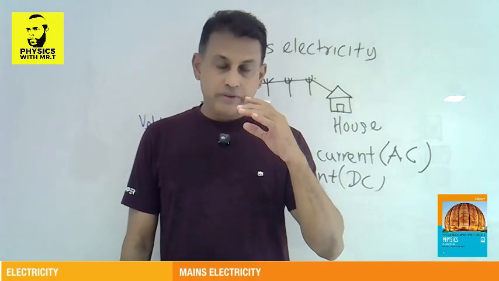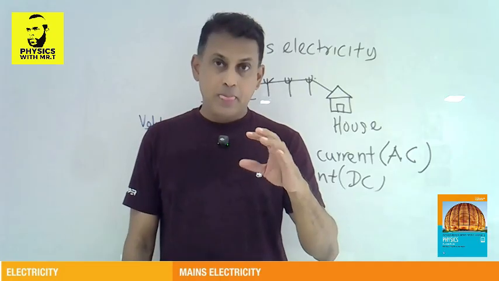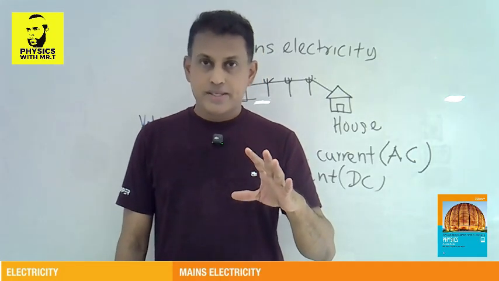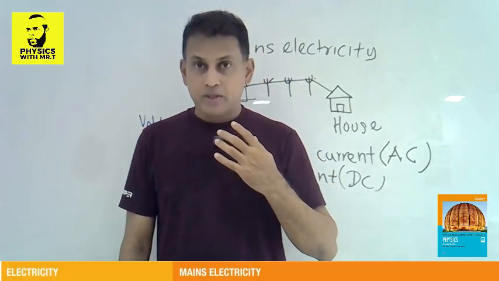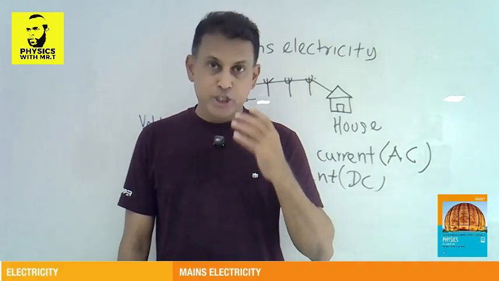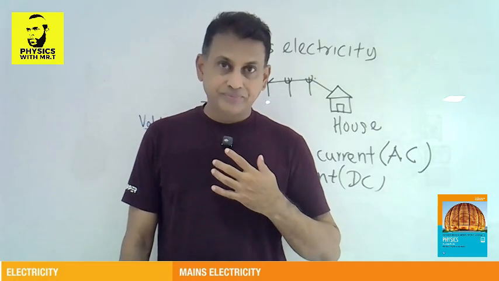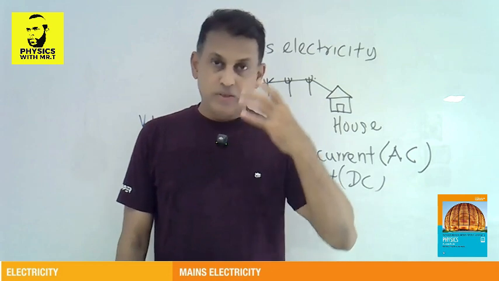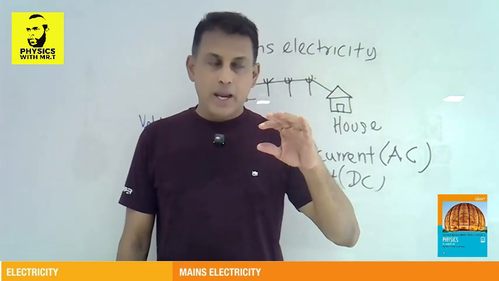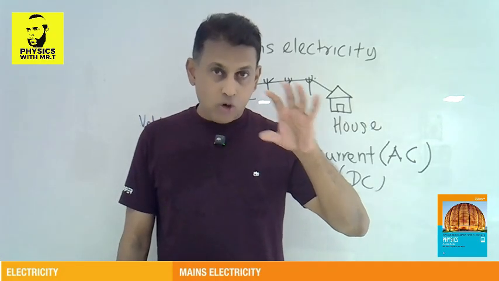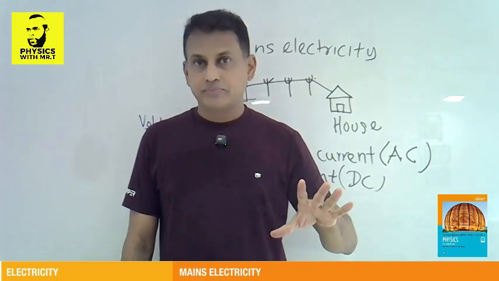So usually this voltage is good enough to kill a person, because when this electricity enters the human body, it can change the conductivity of the heart, muscles, and could even affect the brain, and within a short time these organs fail and the person can die.